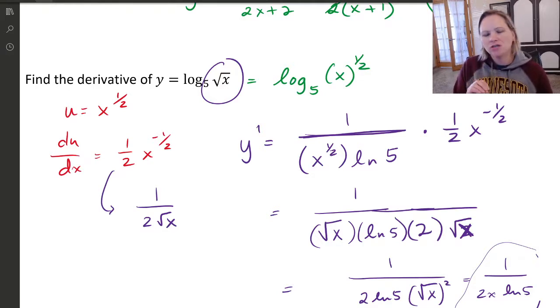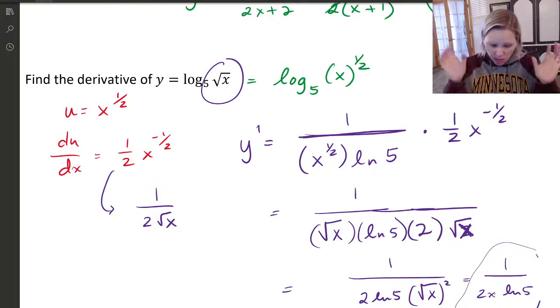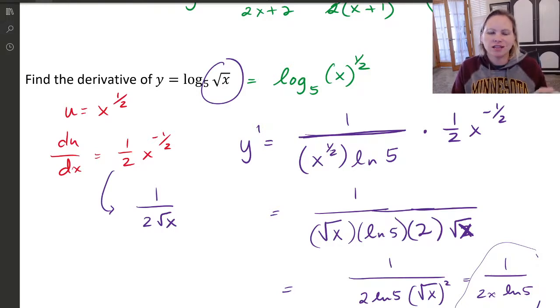So we said chain rule applies when we have e to the stuff, or stuff to a power, or the natural log of stuff, or the log of stuff. So pay attention to that chain rule, because it will creep in and you'll be so ready to do the derivative of natural log that you'll forget that you need to do the chain rule. So don't get caught up on that, and always be thinking, should I be using the chain rule here? Because 9 times out of 10, the answer is yes.